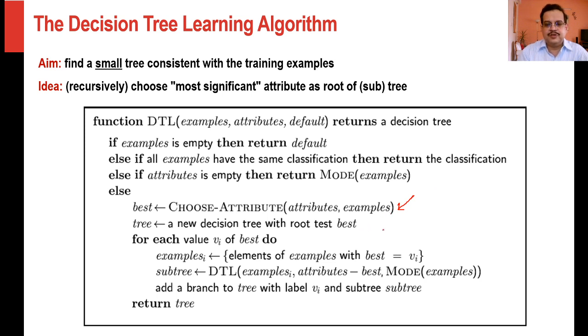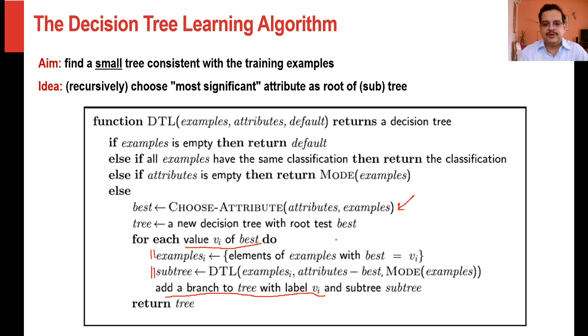And then we split up that node into branches corresponding to each possible valuation. For each value that we have for the chosen attribute, we add a branch to the tree with that particular label, that is, that particular value. Like we had for patrons: some, full, none. Those are the 3 branches. Along each branch, we look only at those rows which have that value.